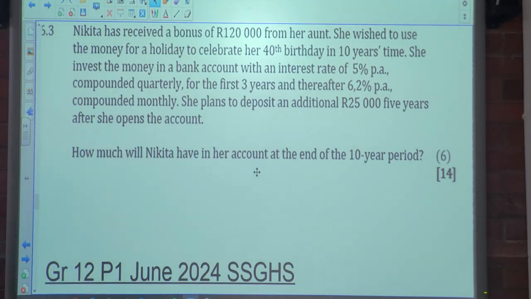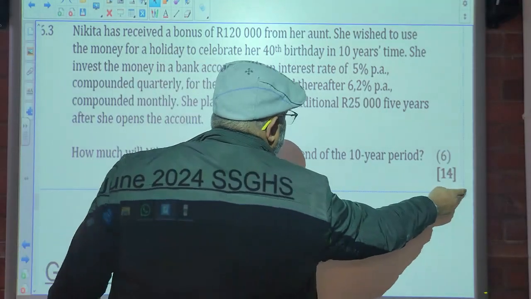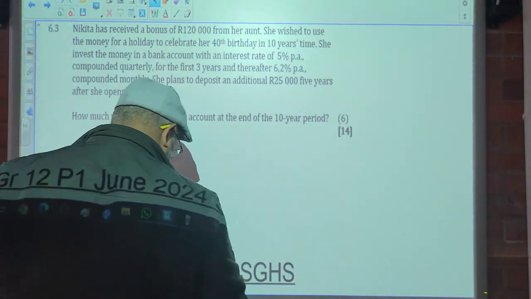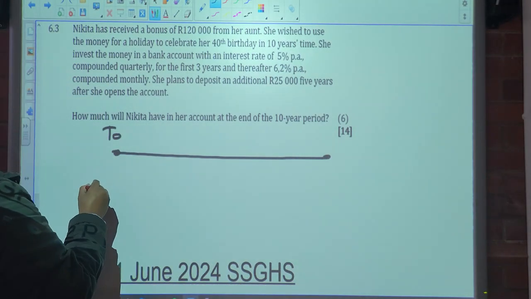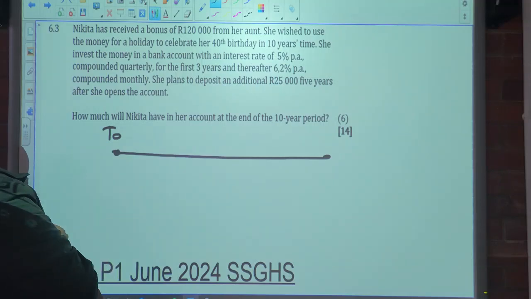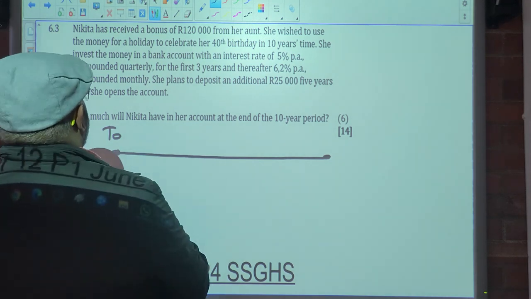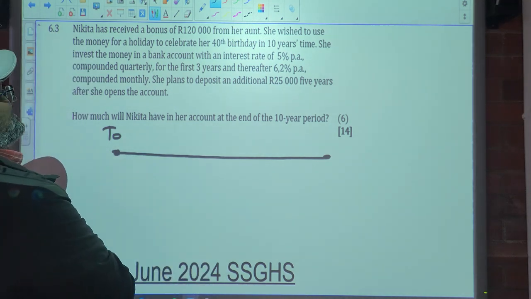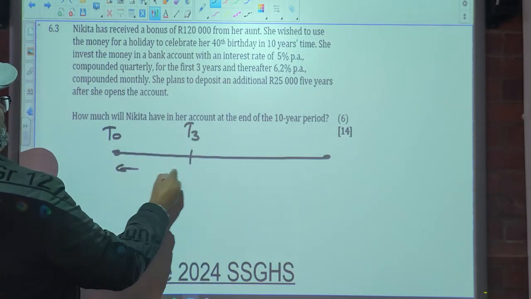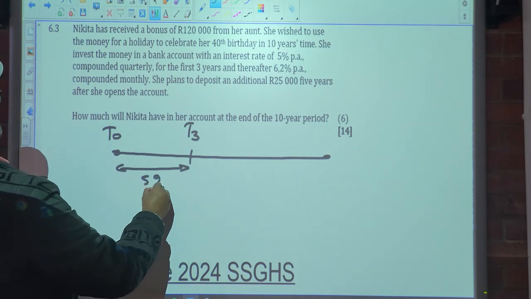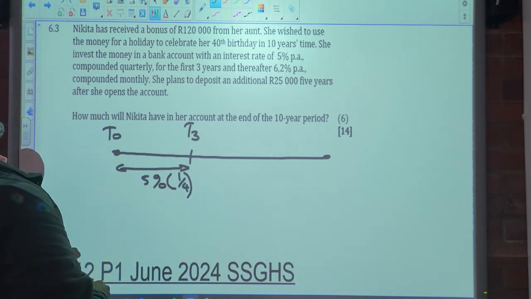In 10 years' time, she invests the money in a bank account with an interest rate of 5% compounded quarterly for the first 3 years. Okay, timeline. Let's make this a bit smaller. So at T0 she gets a bonus of 120,000 from her aunt. She invests the money at 5% compounded quarterly for the first 3 years, which takes me to T3.